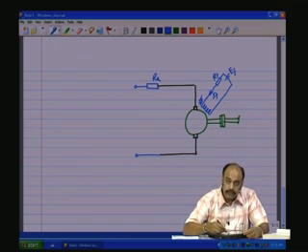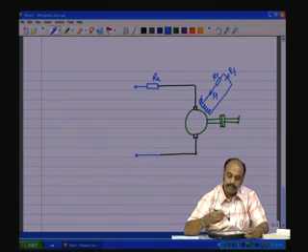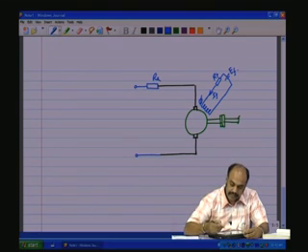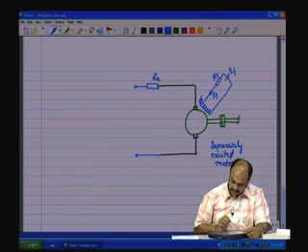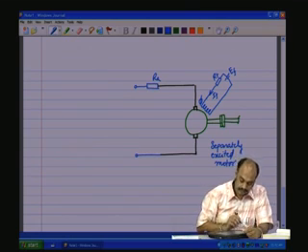So, this is the field coil coming from a separate source. So, this is a separately excited motor, just like in the case of the separately excited generator.